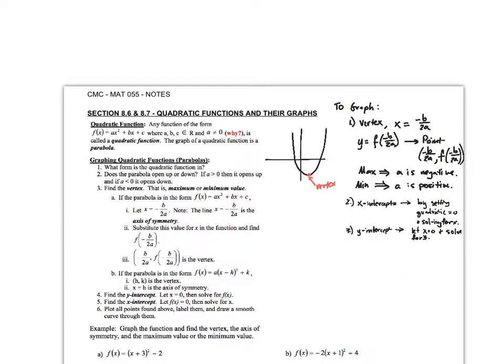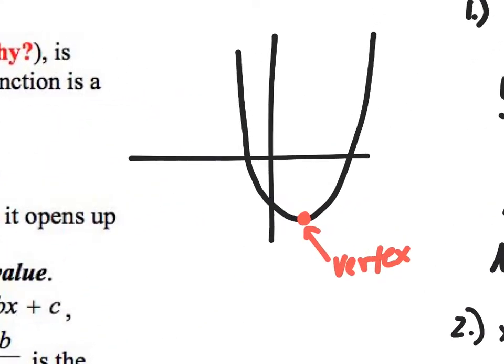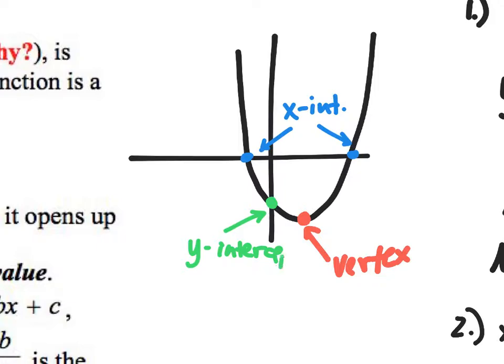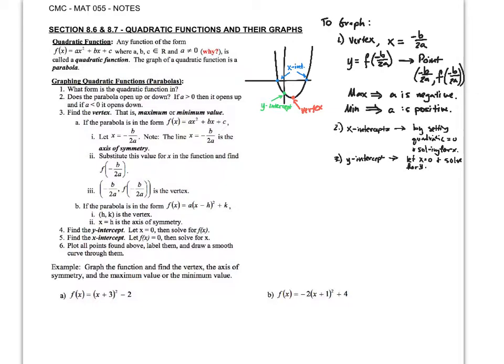But let's go through and identify here that your x-intercepts are going to be here, and then this value right here is going to be your y-intercept. So if you can find those, then you can graph a quadratic. It's not too bad.